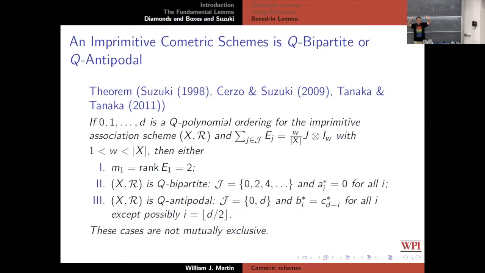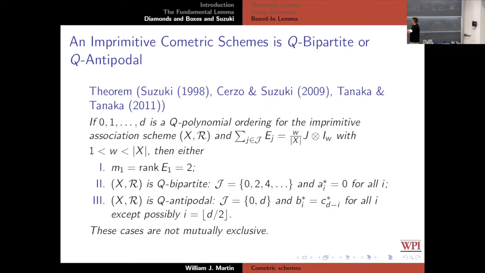You've got these big chunks, and between them are these sort of bipartite graphs, and the quotient scheme is complete. Okay, the subschemes are interesting. In the P-antipodal world, the subschemes on the antipodal fibers are complete graphs, and the quotient scheme is interesting. But here in the Q-antipodal world, the sub-objects are interesting, and the quotient scheme is complete.